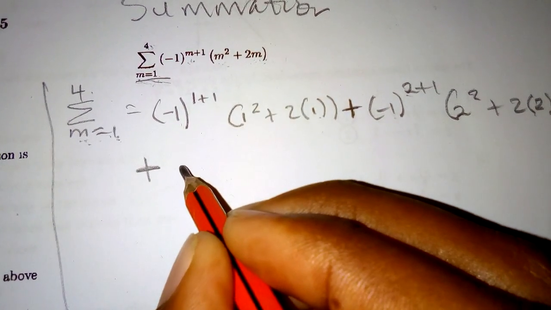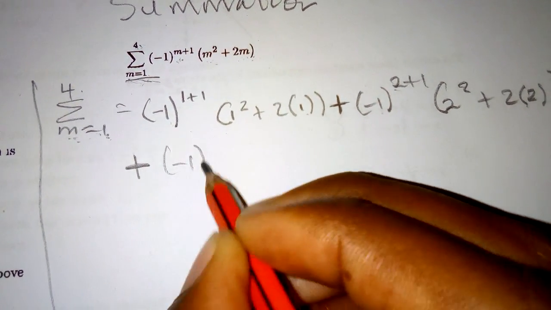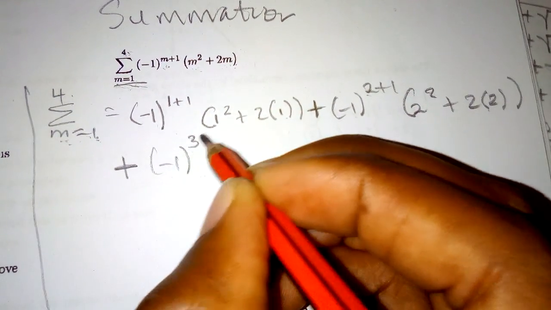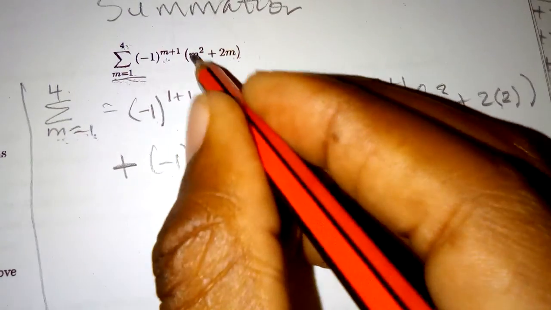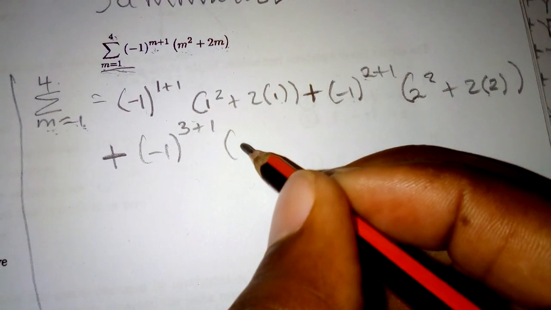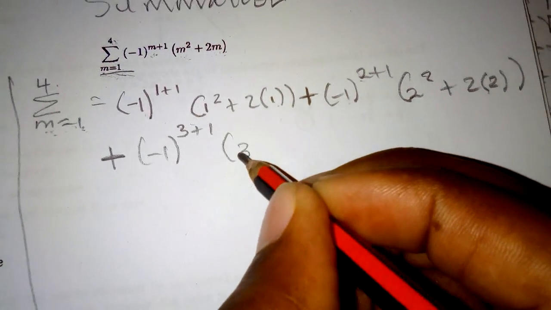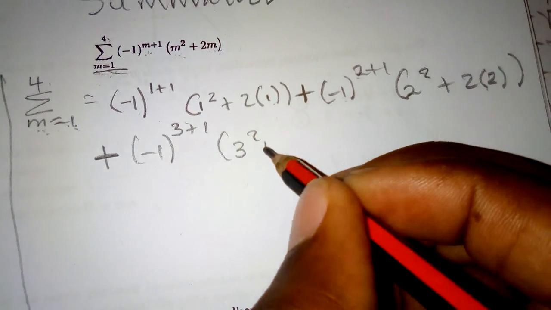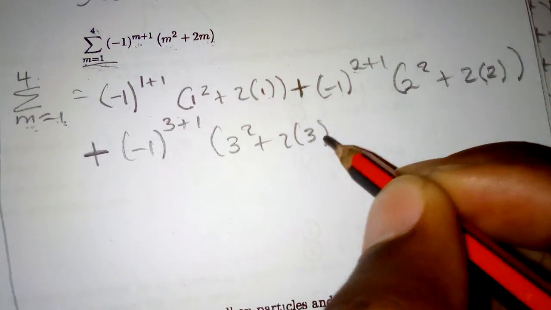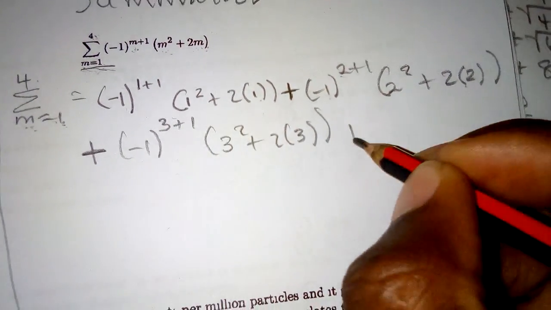So I say it's -1 to the power of 3 plus 1, and then I open the bracket. It's m squared, so my m is 3, so it's 3 squared plus 2 times m. My m is 3, so it will be 2 times 3, close the bracket, plus again.